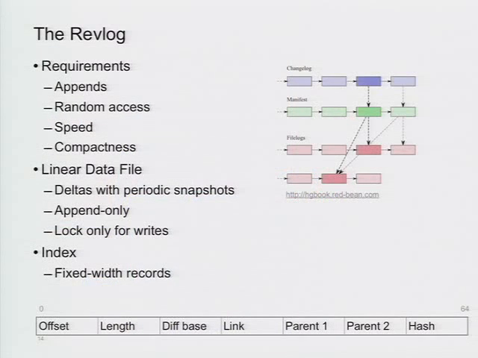And so the data file, I said that you just keep appending to the end of it, which is true. But if you're doing that for, say, a file that's a megabyte in size, each time you changed it, that would grow quickly. So you actually just store deltas in this file. You keep appending to a list of deltas, which would have its own problem in that to reconstruct the actual file, you would have to walk several revisions.